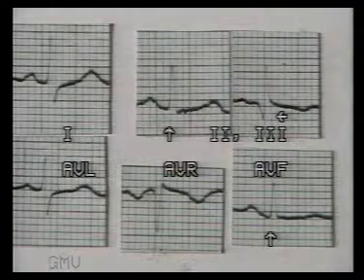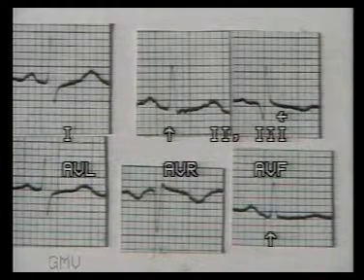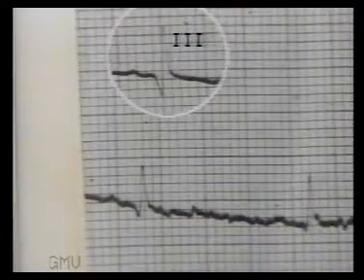This ECG shows a Q wave in lead 3, but there is no Q wave in 2 and AVF. When a Q wave is present only in lead 3, it may be due to a high diaphragm. Take the ECG again in deep inspiration, and if the Q wave is non-pathological, it will reduce in size or disappear.